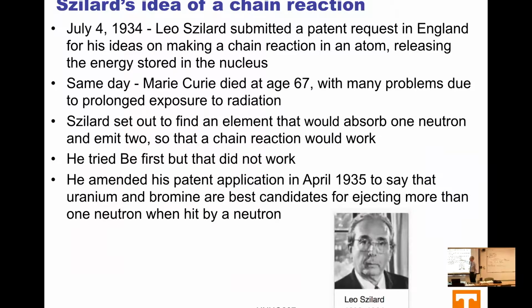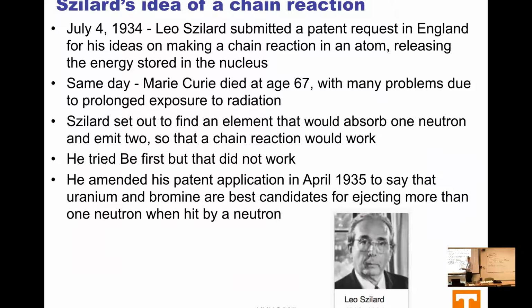And then you would have a chain reaction, he theorized, that would then allow you to release quickly the high energy of the nucleus. So he filed for a patent in 1934.